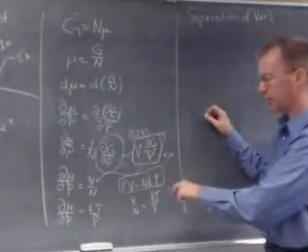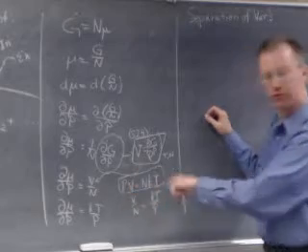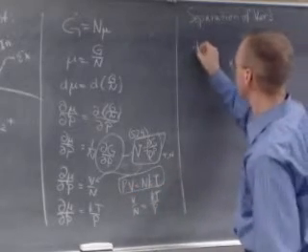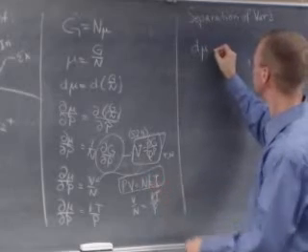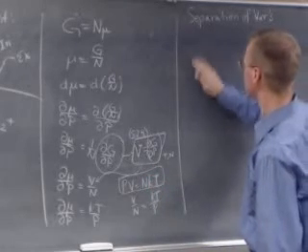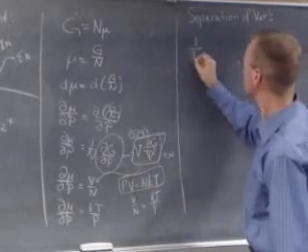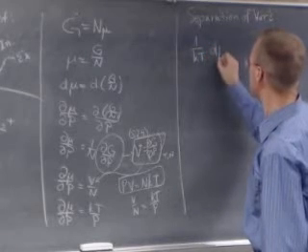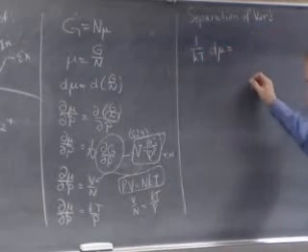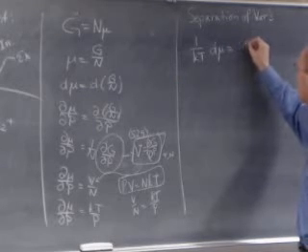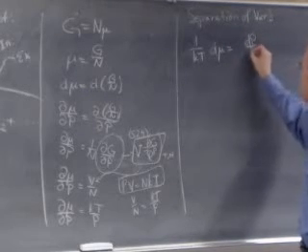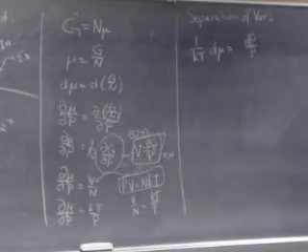Multiply both sides by dP, divide both sides by kT, and I will have 1 over kT times d mu equals dP over P. I think that's right.